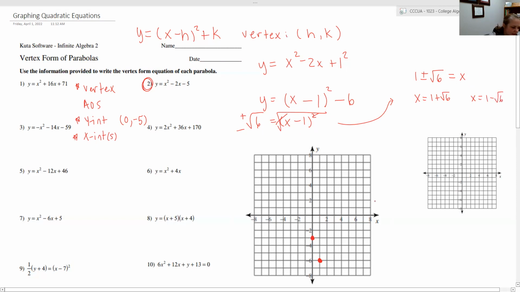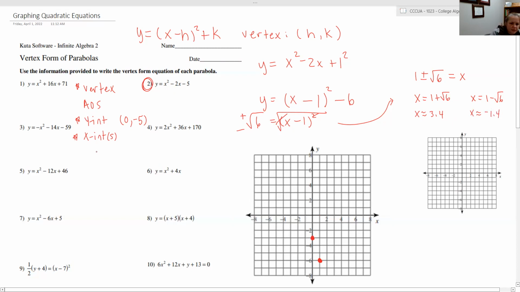Now we need to be able to get some points to plot, so we can type that in our calculator, 1 plus the square root of 6, to get that this one is approximately 3.4. And then we do 1 minus the square root of 6. And this one is x approximately negative 1.4.